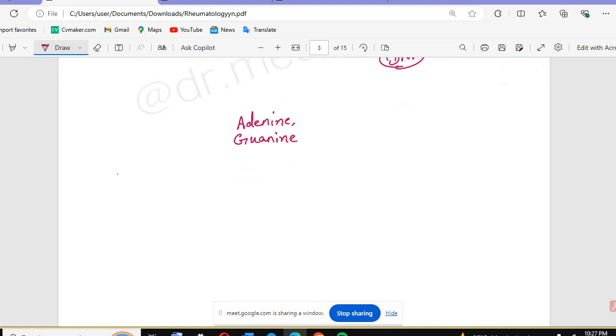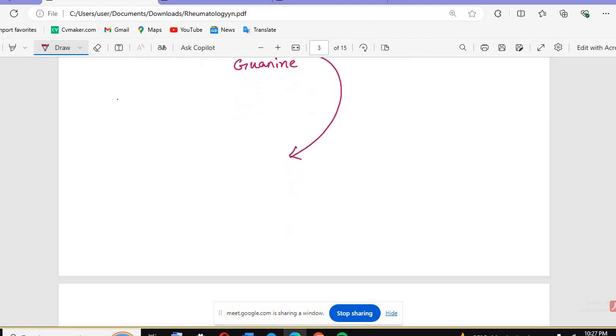They will go for phosphorylation, and they will make the hypoxanthine. This hypoxanthine will be converting into the xanthine, and this xanthine further will convert into the uric acid. This is the simplest pathway.